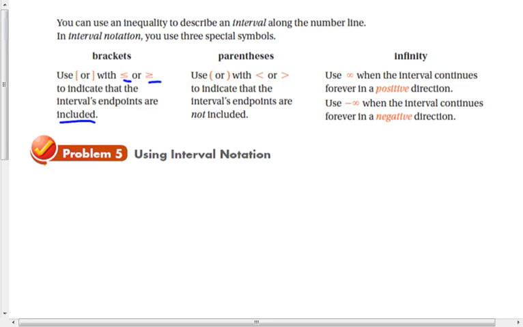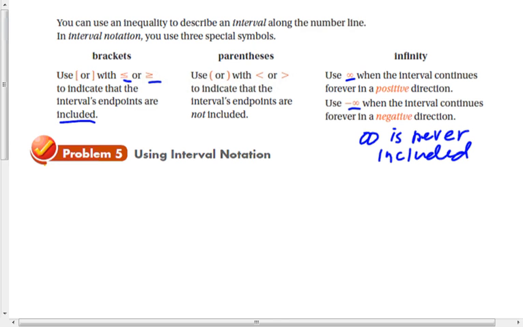We're going to use parentheses when we have just less than or greater than, or when we don't want to include that number in the set. And to show that we're going on forever to the end, and it never quits, we're going to use the infinity symbol. And just so you know, infinity or negative infinity is never included. So we always use parentheses with the infinity.